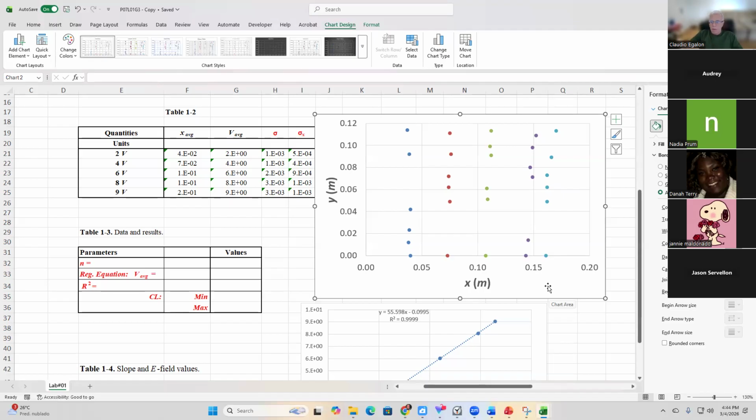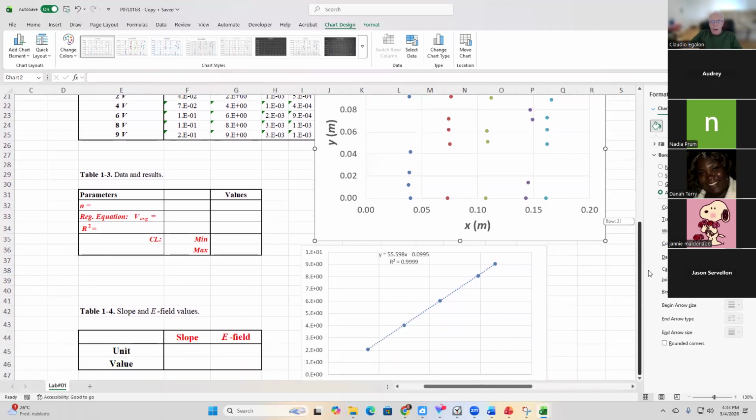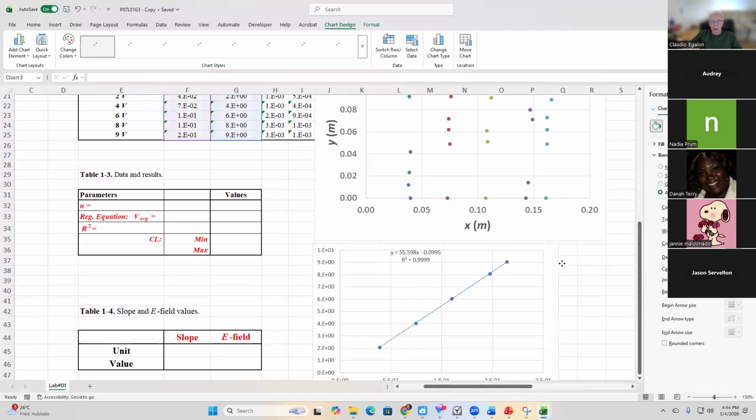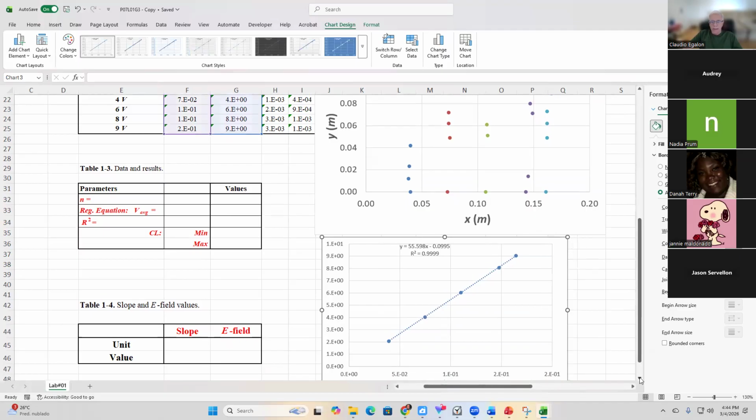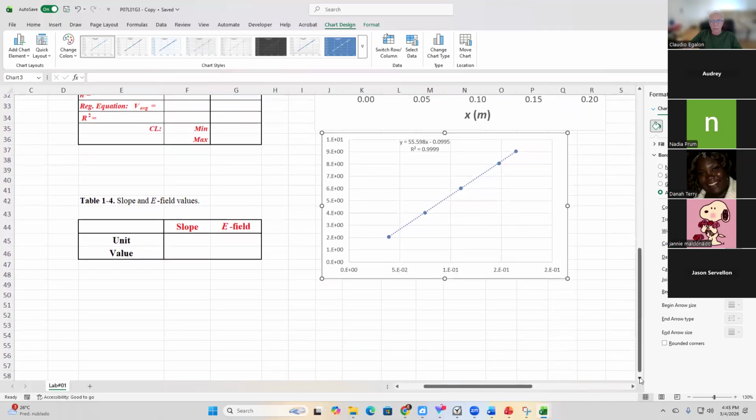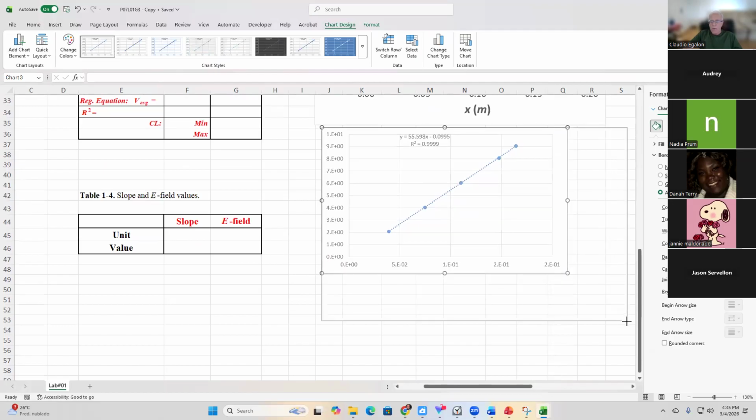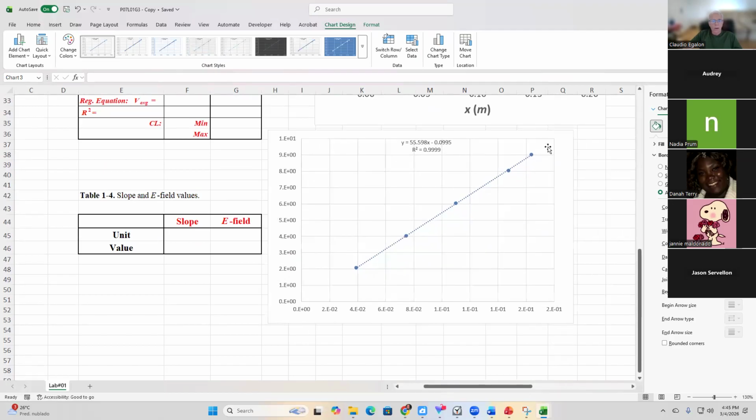That's our first graph. Our second graph is this one here. You do exactly the same thing that we did, right? Let me increase the size. X-axis. See that those values are all 2 decimal places, right?